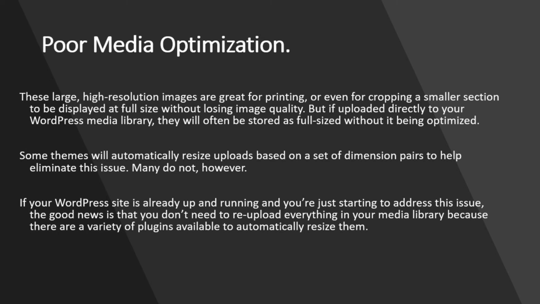If your WordPress site is already up and running and you are just starting to address this issue, the good news is that you don't need to re-upload everything in your media library, because there are a variety of plugins available to automatically resize all your pictures. You can check the description below for some of the best plugins to solve this issue.